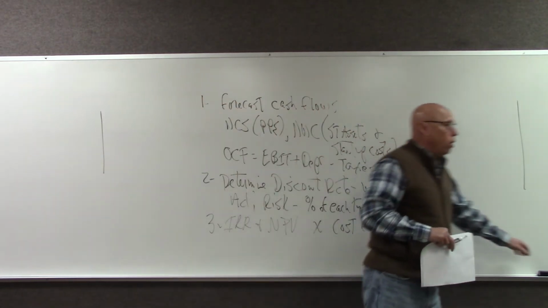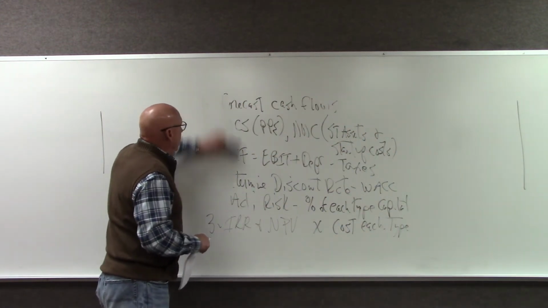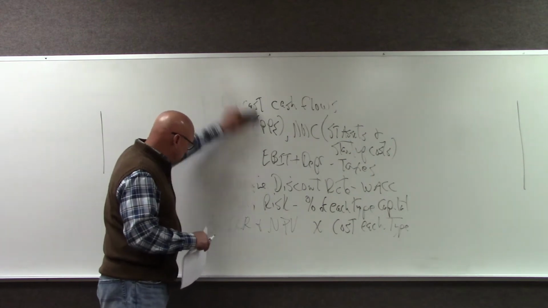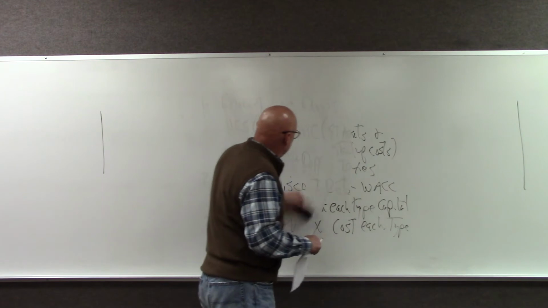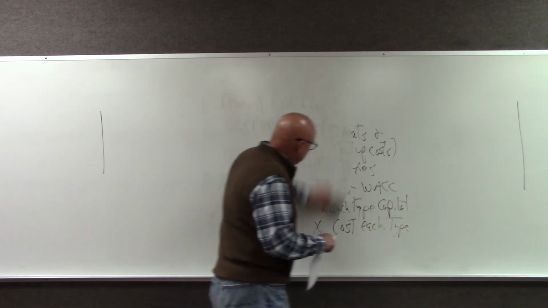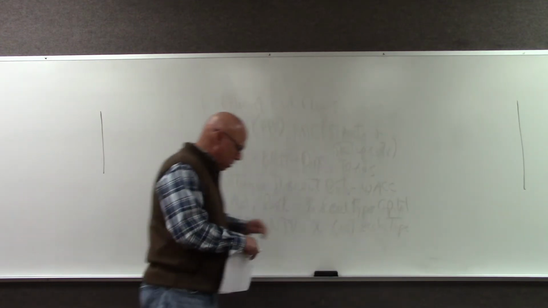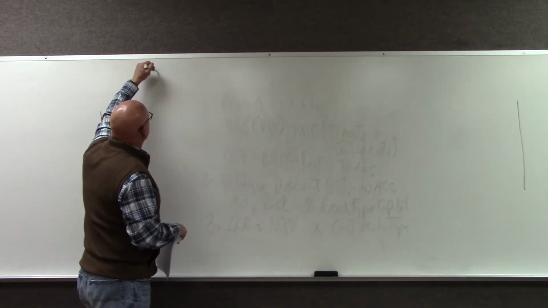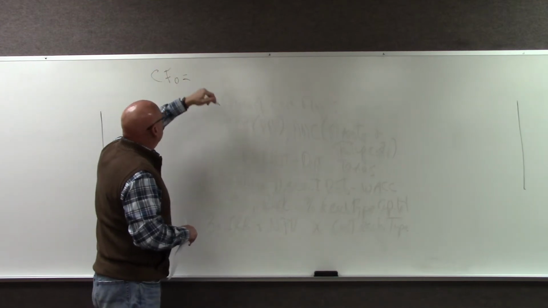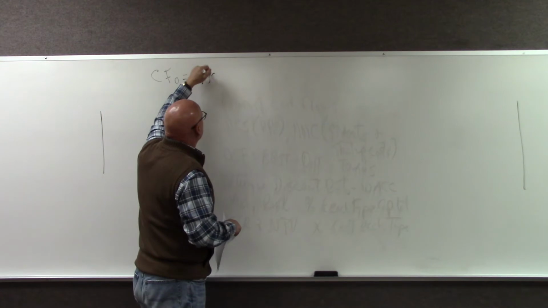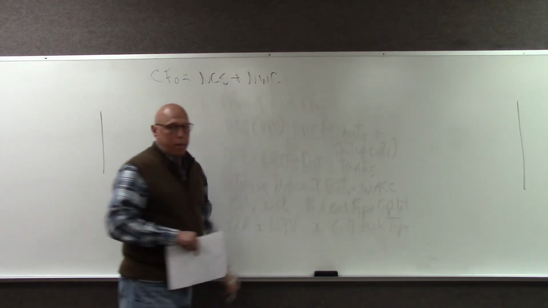And let's do part 1, which is forecast our cash flows. Okay? And we'll start by looking at CF0, forecasting CF0, cash flow at time 0. So CF0 is equal to the money we spend, net capital spending, plus net working capital.